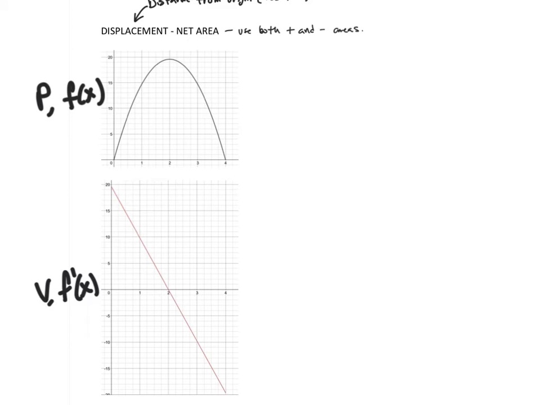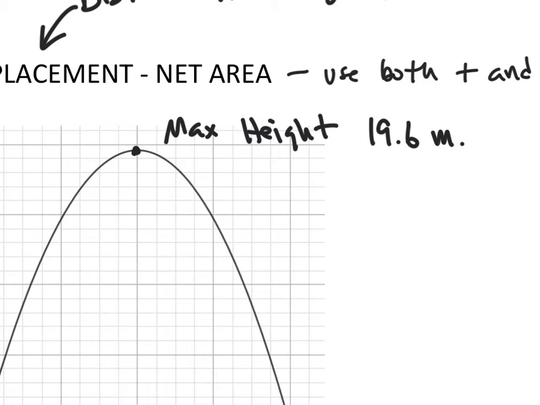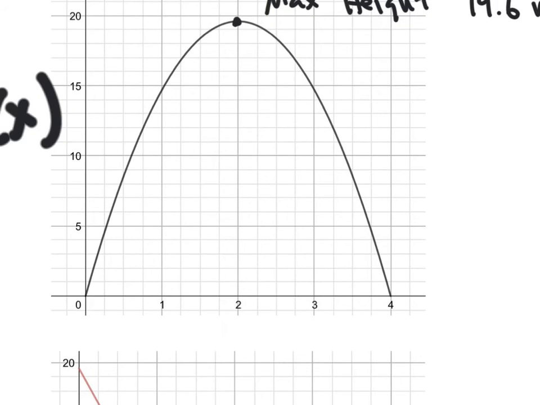We have a maximum height, so I'm going to come in here and say that our max height is 19.6 meters, okay? And so here our height is 0 when we start, and then after 4 seconds, our height is equal to 0.